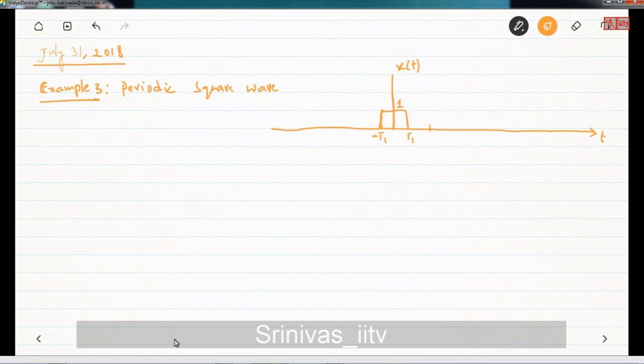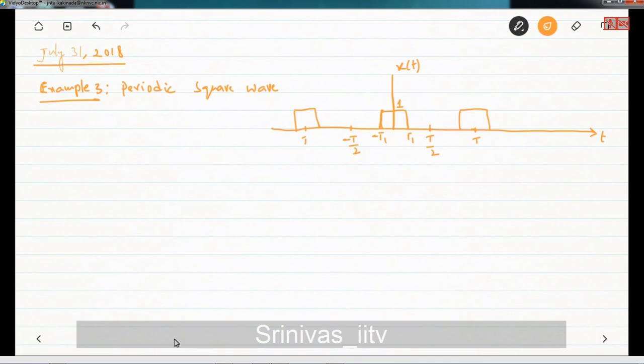Let's call this T by 2, and this minus T by 2. Then somewhere here it should be T, and again somewhere here it should be T.